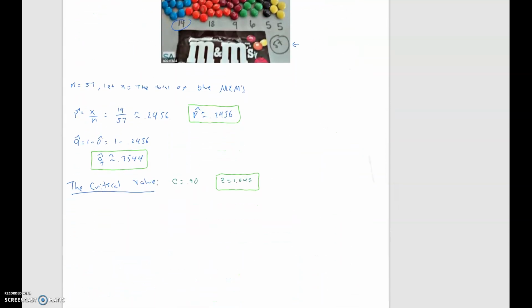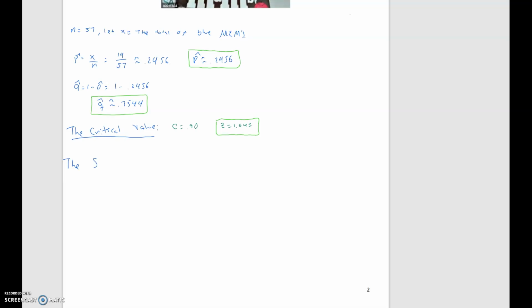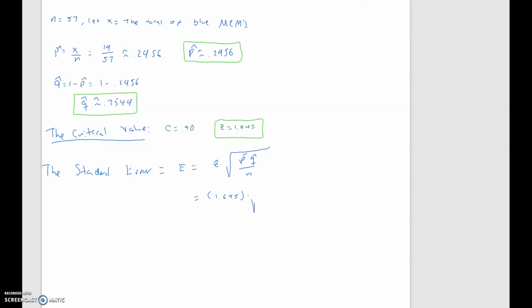So our standard error, I'm just going to define that as E, which is equal to z sub c times the square root of p hat q hat divided by n, which is equal to 1.645 times the square root of 0.2456 times the q, which would be 0.7544, over 57.